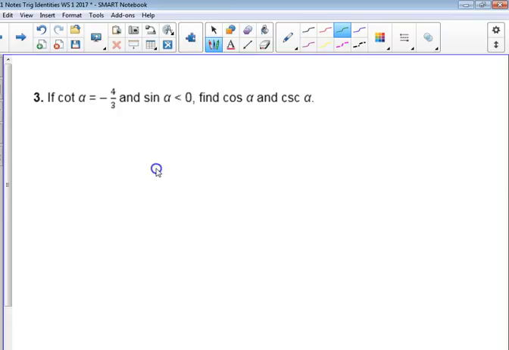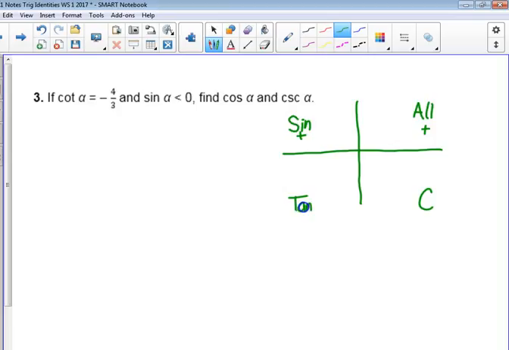We have to use some clues here. If you started out with this, all students take calculus. Do you remember what those stood for besides what I just said? All are positive. Sine and its reciprocal are positive. Tangent and its reciprocal, cosine and its reciprocal are positive, right?